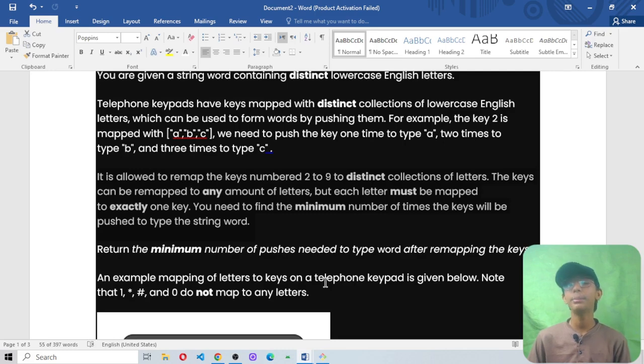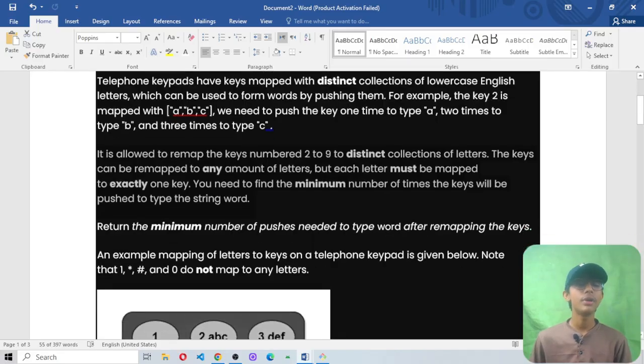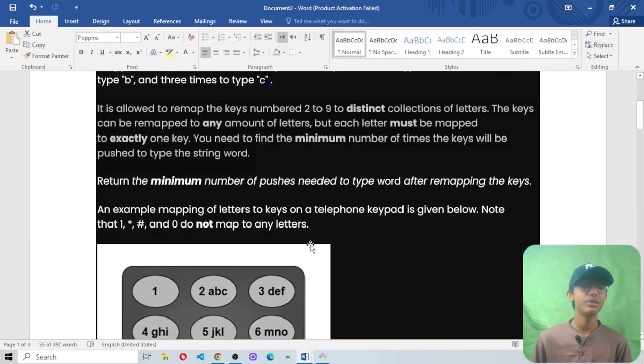You need to find the minimum number of times the keys will be pushed to type the string word. We want the minimum number of pushes needed to type word after remapping the keys. An example mapping of letters to keys on a telephone keypad is given below. Note that 1, star, hash and 0 do not map to any letters.